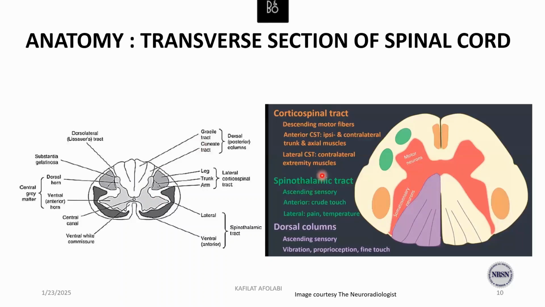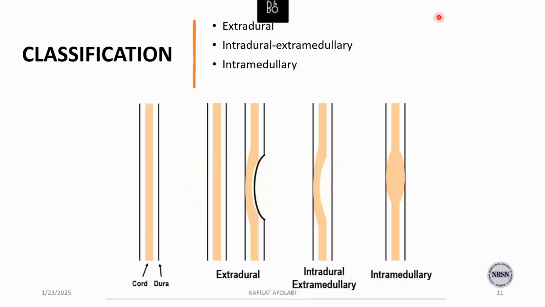The symptoms the patient presents with could also be a pointer. So classifying spinal cord tumors, they are classified as extradural, intradural extramedullary, or intramedullary. So I have a schematic diagram here to denote what these are.